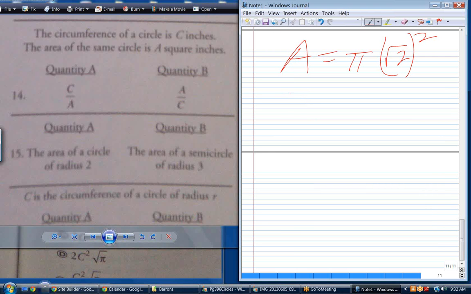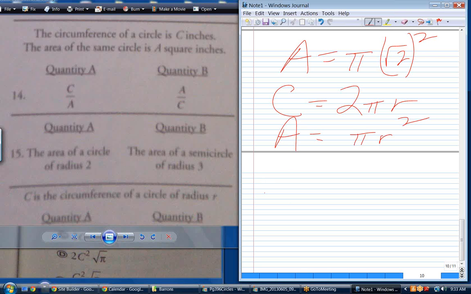Okay, let's see. The circumference is 2 pi r. The area is pi r squared. What's bigger, C over A or A over C? I'm not sure.